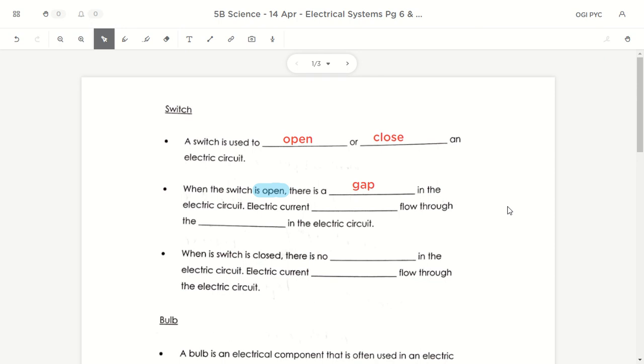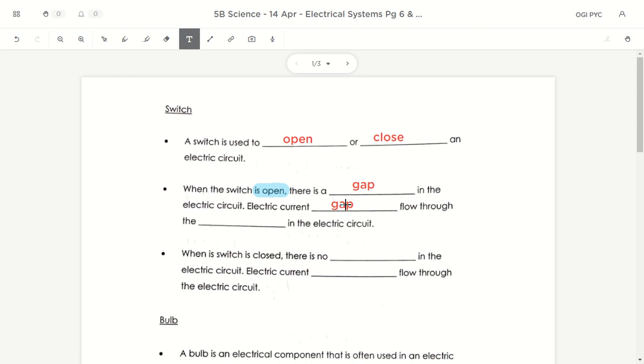And after the lesson, I will give you the link to the electric circuit simulation online, so you can play around with the circuit constructor, so that you can appreciate better what gap are we talking about here. So when a switch is open, there's a gap in the circuit. Electric current cannot flow through the gap. Okay, so if there's a gap, the electric current cannot flow through the gap, and that's why we call it an open circuit.